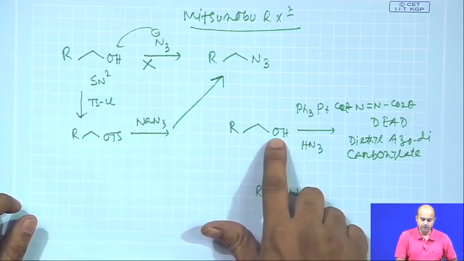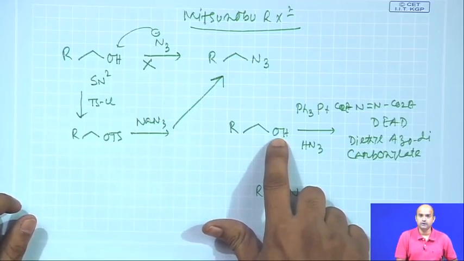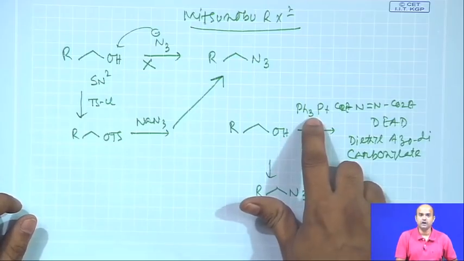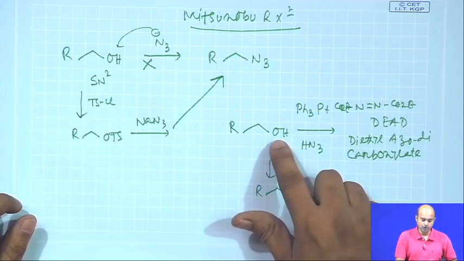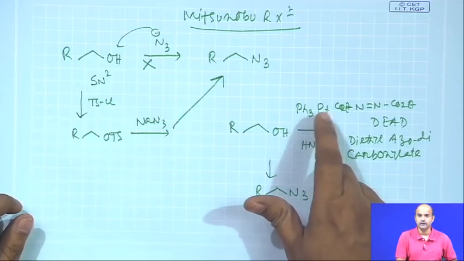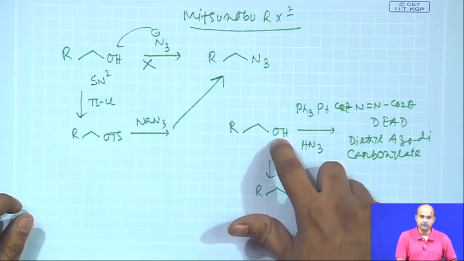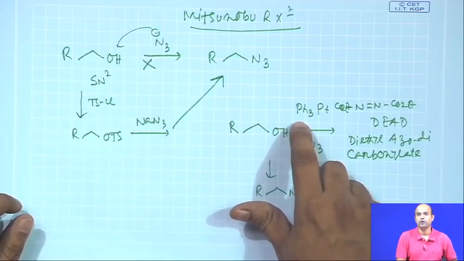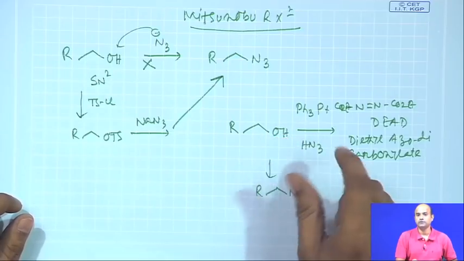It tries to make the alcohol a better leaving group with the help of triphenylphosphine. The alcohol will react with triphenylphosphine in a sequential manner, and then you find this alcohol is activated through an oxygen-phosphorus bond. Phosphorus-oxygen bonds are very strong, and the byproduct is similar to the Wittig reaction.